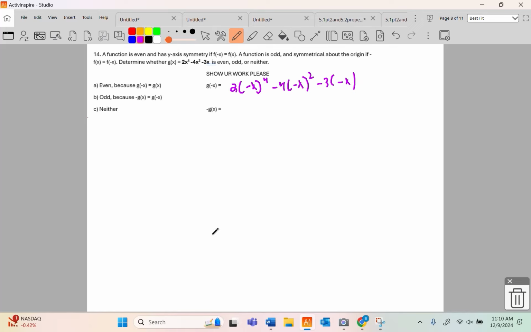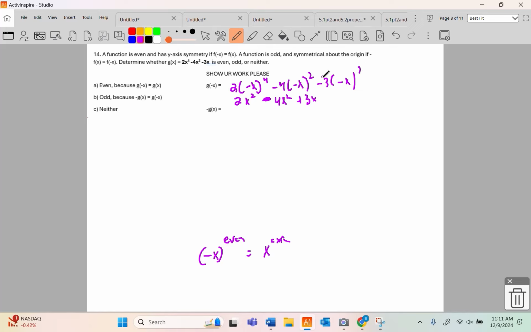So if you take a negative x and raise it to any even power, it's going to be a positive x to the same even power. It's just how it works. Because a negative times a negative is a positive. So this is 2x to the fourth minus 4x squared, because this becomes positive, plus 3x, because this is to the first power. It's the only one of those where we're actually doing the distributive property.